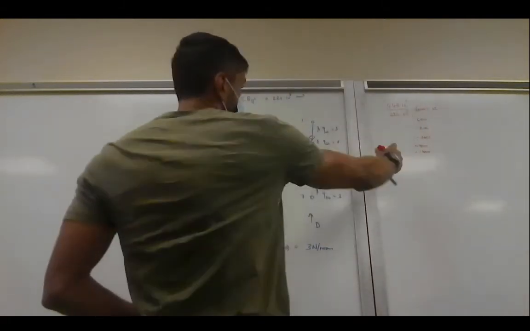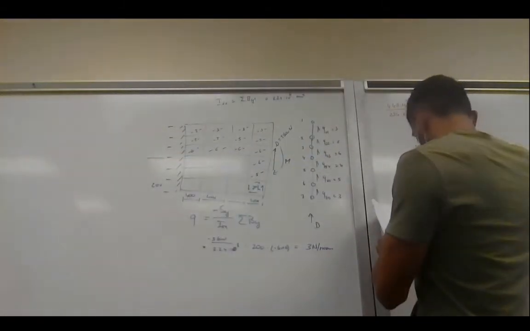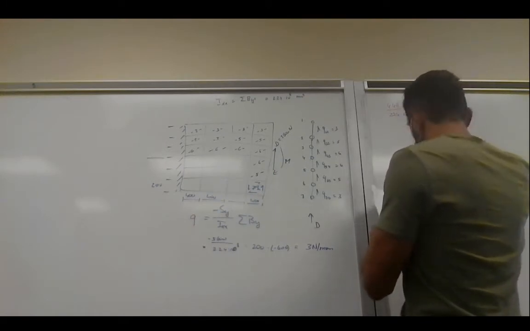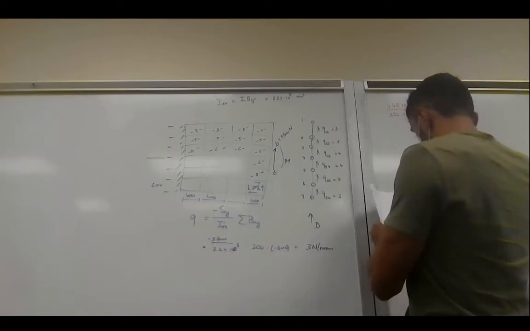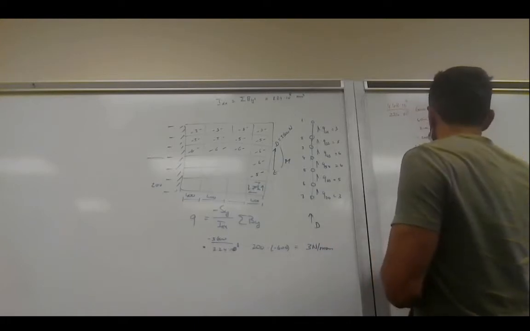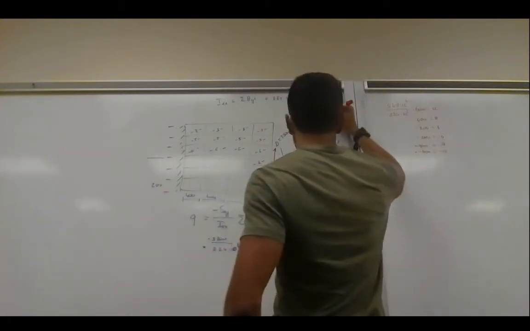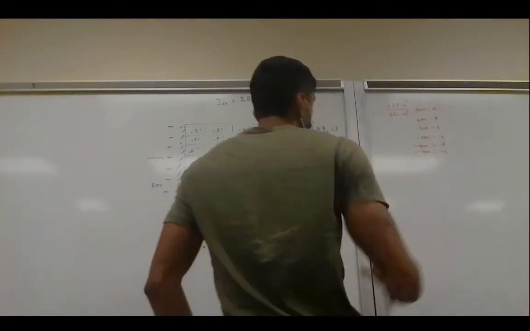And then we get all the stresses, and they will be ranging from 12 to 8 to 4, and then this will be symmetric but then negative. So this will be negative 4, this will be negative 8, and this will be negative 12. So here we have the stresses.